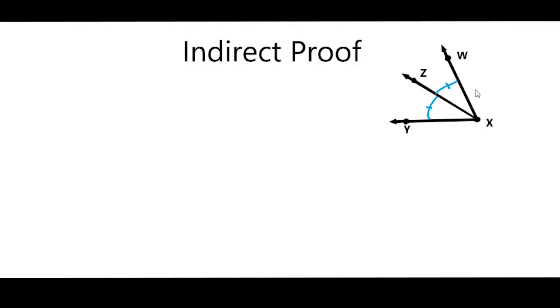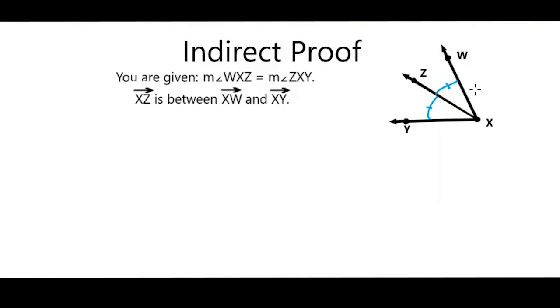All right, so we have some angles here. You are given that the measure of angle WXZ is equal to the measure of angle ZXY. We're also given that ray XZ is between ray XW and ray XY.